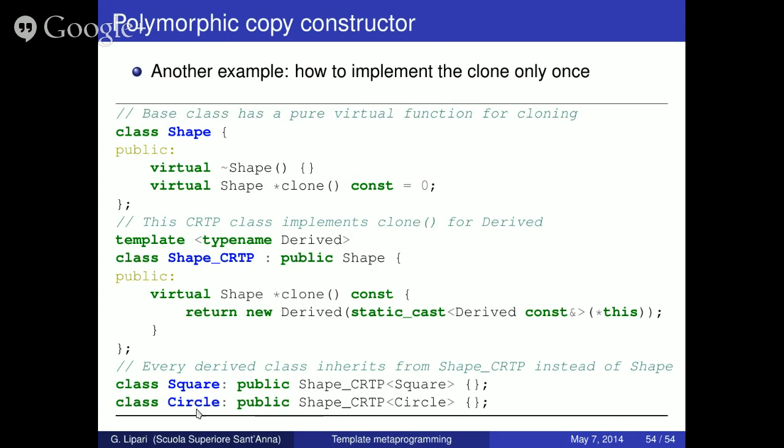And now in the derived classes, you just write directly that Square derives from ShapeCRTP of Square instead of directly deriving from Shape. So you have one intermediate class in the hierarchy, which is called ShapeCRTP of Derived, and all the classes deriving from this ShapeCRTP already implement the clone for you.